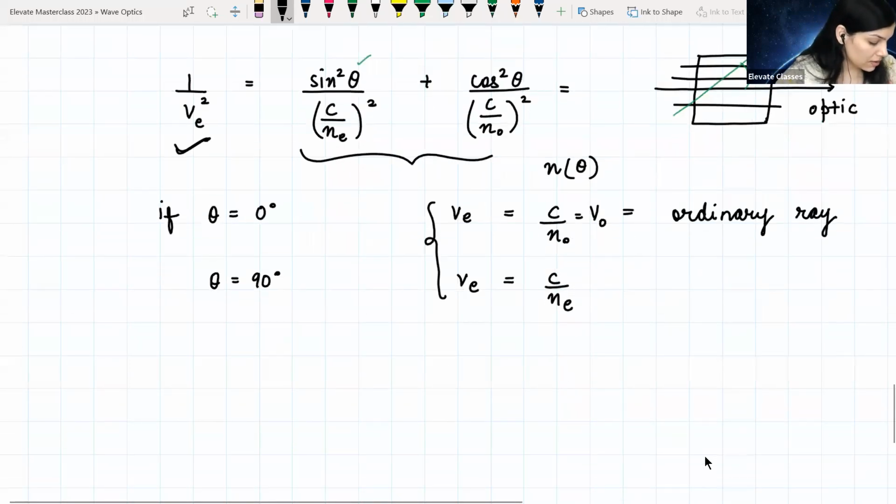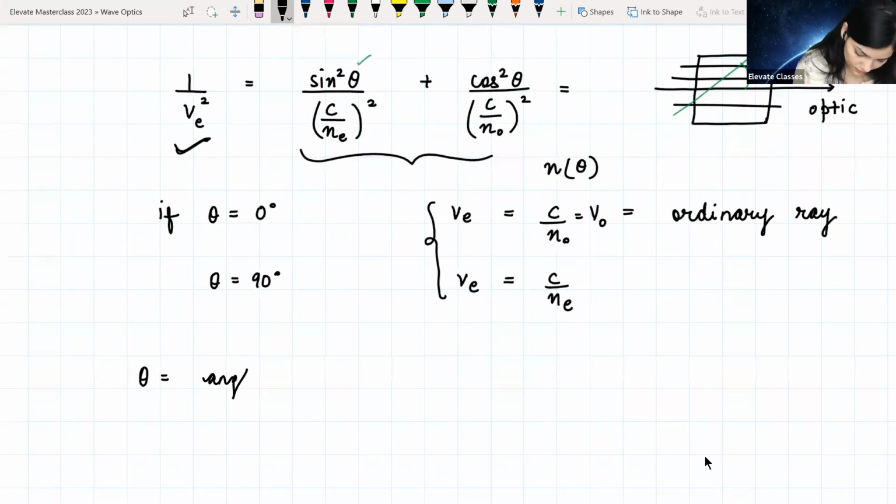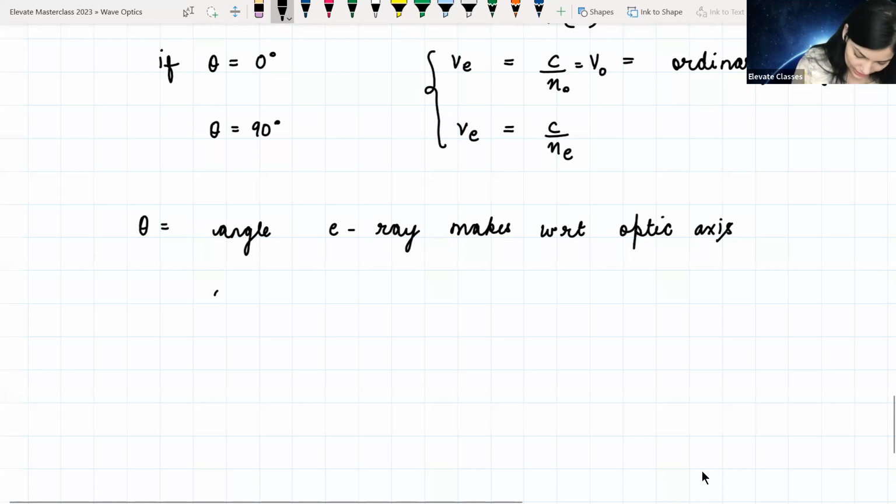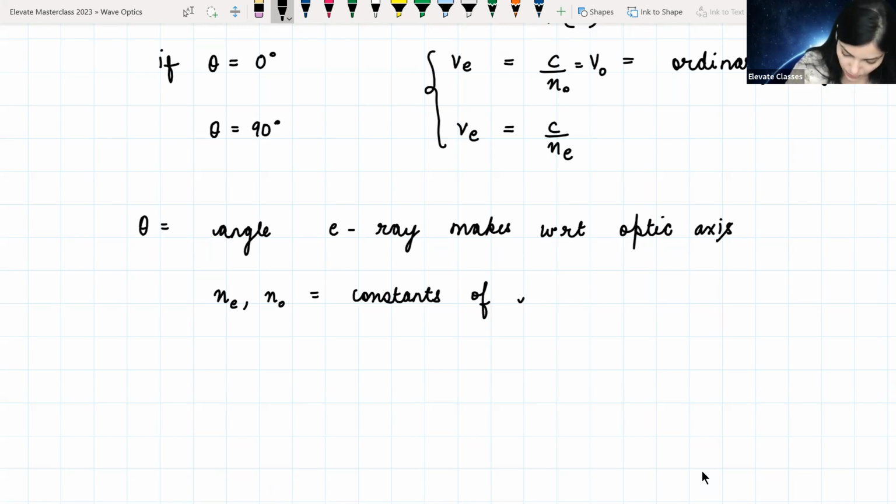Okay, so maybe you can write it down somewhere that this theta is the angle the E ray makes with respect to the optic axis, and the Ne and N0 जो भी होते हैं, they are constants of a crystal. So there are certain ways to find them, and for a particular crystal they would have a certain value.